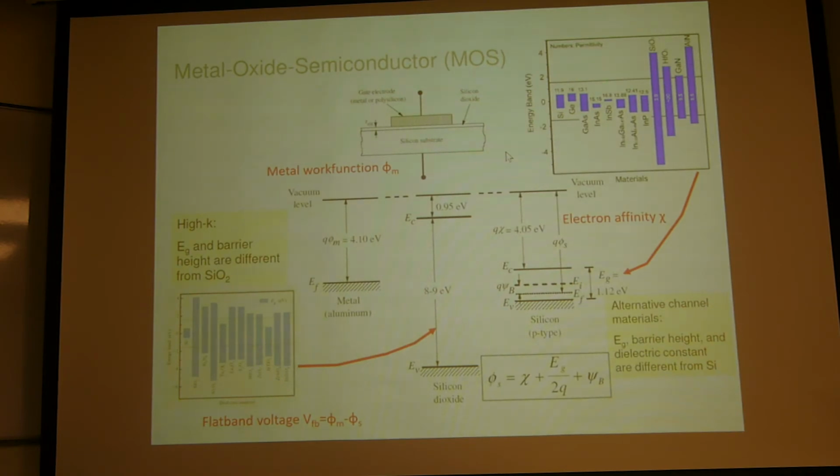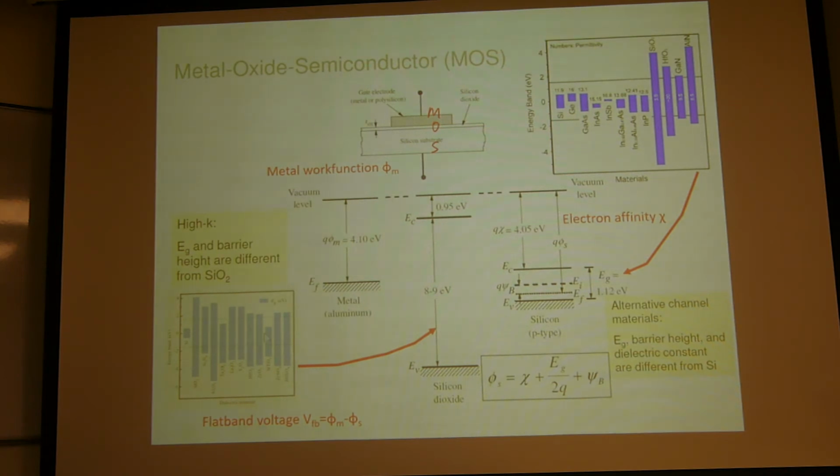Okay, so let's look at the MOS structure. Depending on the material, you have different metal, different oxide, or different semiconductor. Then you have different kinds of band diagram.